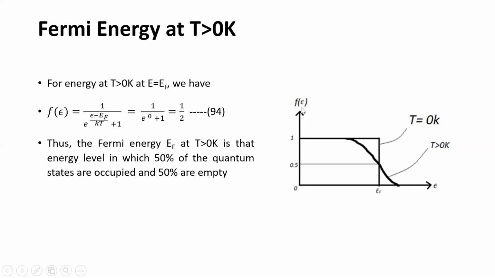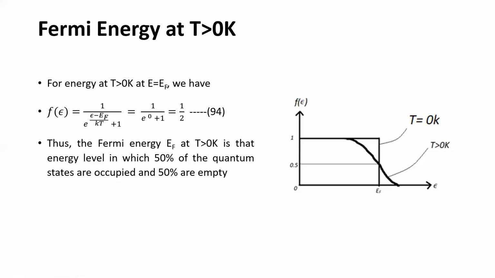So the occupation index is not 1 near Fermi energy. And at Fermi energy, the occupation index will be 0.5, exactly half, as we obtained from this equation. And for energy greater than Fermi energy, also the occupation index is not 0. So this is a description of Fermi energy.